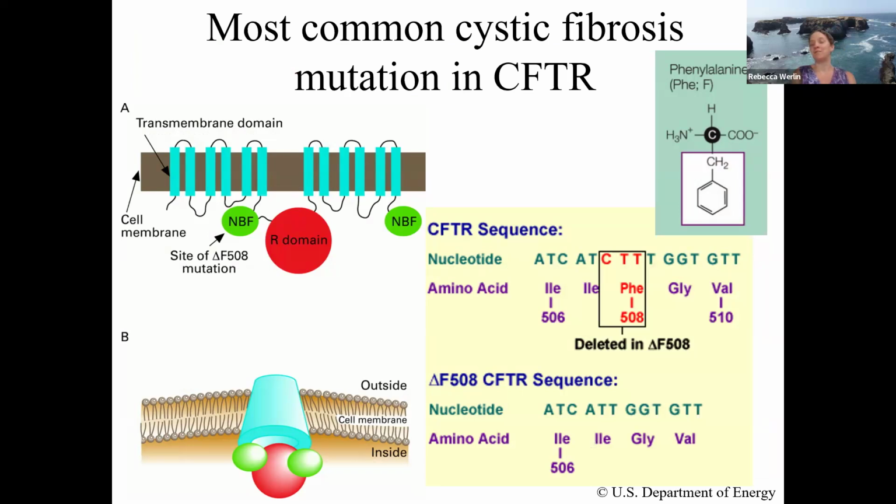So the most common form of cystic fibrosis is caused by a deletion of the bases CTT, which code for phenylalanine. Okay? As you can see, we have that little triangle, which means delta, and delta means deleted. So here we have delta F, deleted phenylalanine, the 508th amino acid.